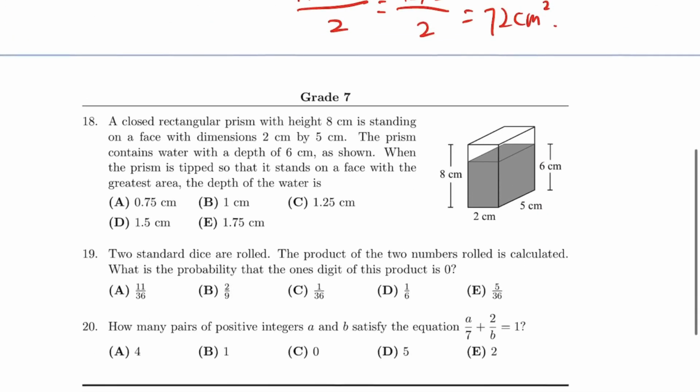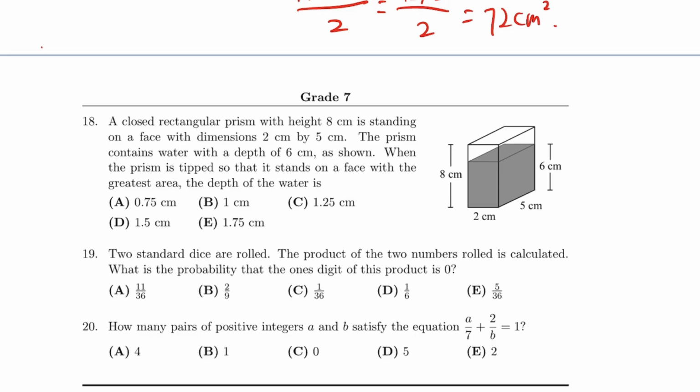Okay. So next, 18. A closed rectangular prism with height 8 is standing on a face with dimensions 2 cm by 5 cm.